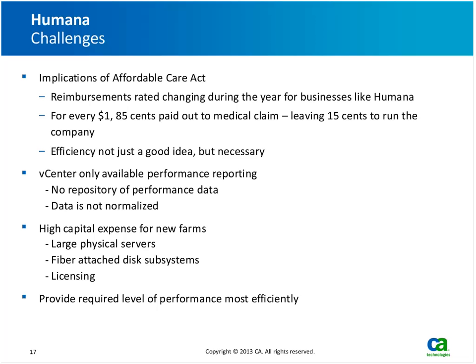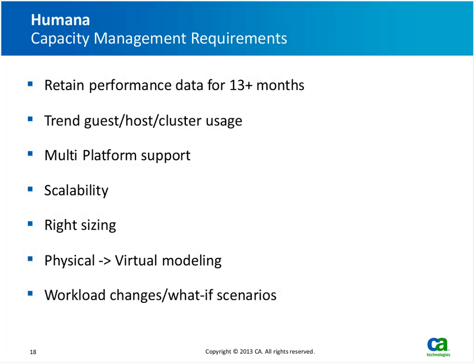And they also needed to provide a level of performance that was at the most efficient and effective cost rates. So in order to do that, they needed a solution that had the following requirements: maintaining data, trending across different platforms, multi-platform support, to be scalable, to be able to right-size.